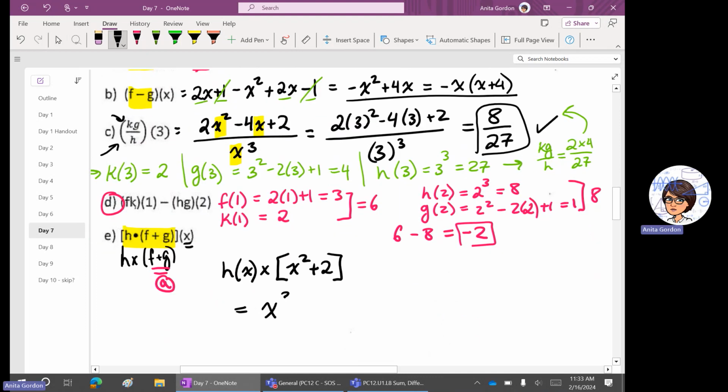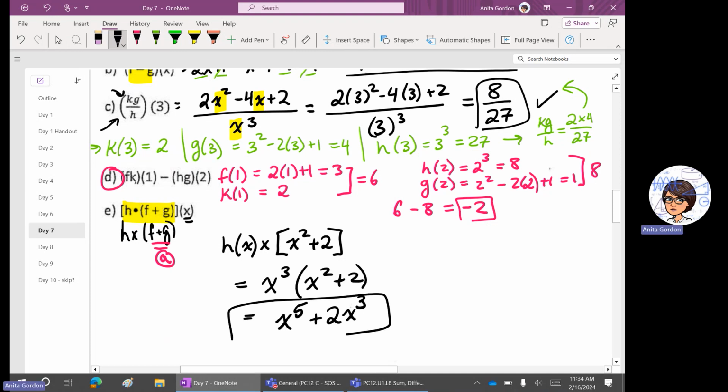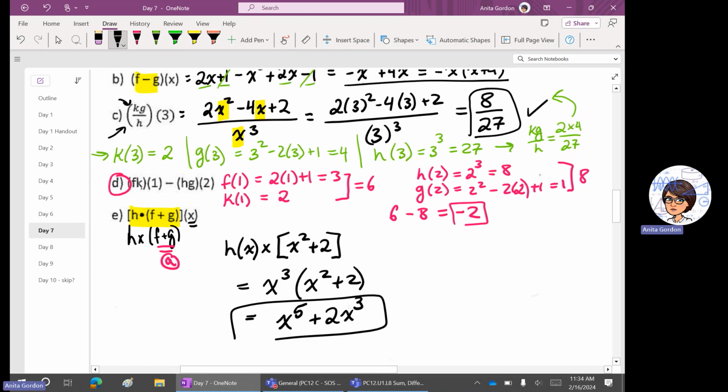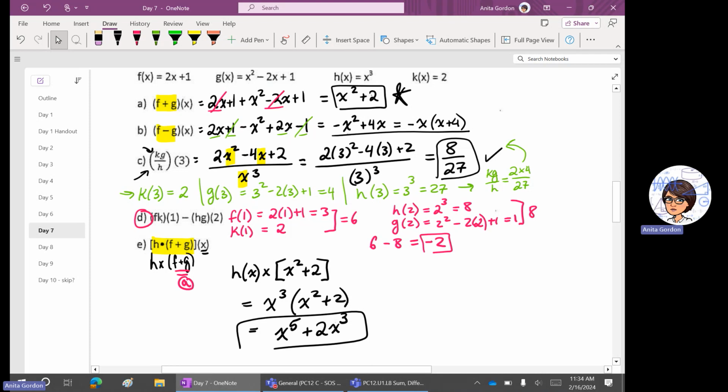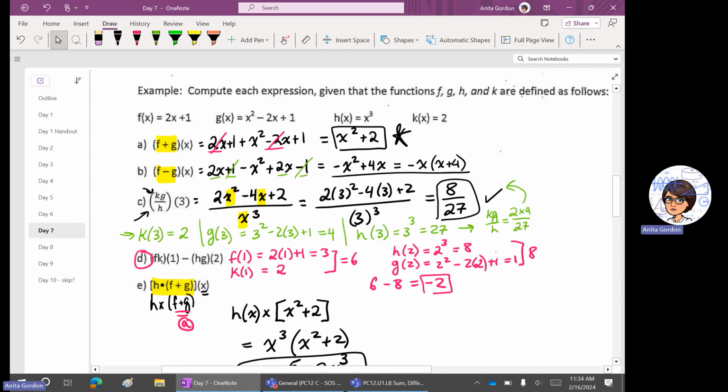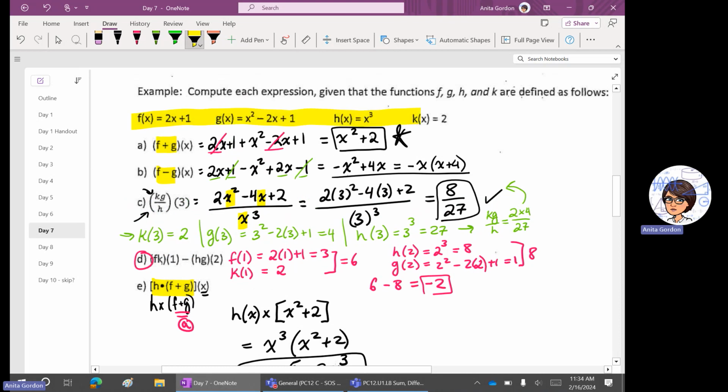This is x cubed times x squared plus 2. Or if you want to expand it, this is x to the power 5 plus 2x to the power 3. And there you have it. Okay, so we are using function notation, meaning we are using whole functions, but we are doing arithmetic.